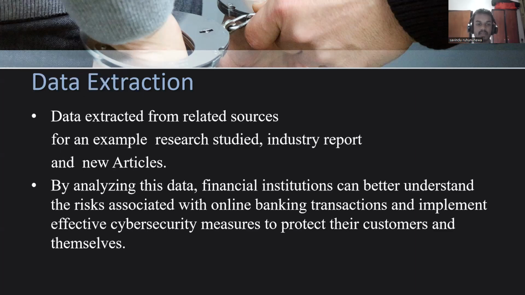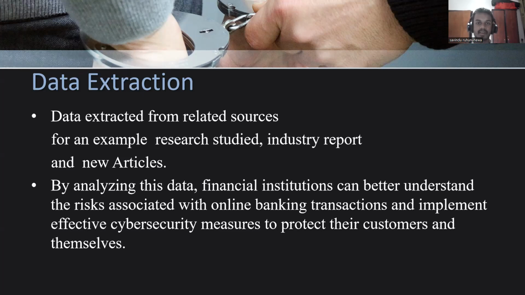Data extraction. Data extraction for the impact of cyber threats on online banking transactions can be done through various sources including research studies, industry reports, news articles, regulatory reports, and social media.